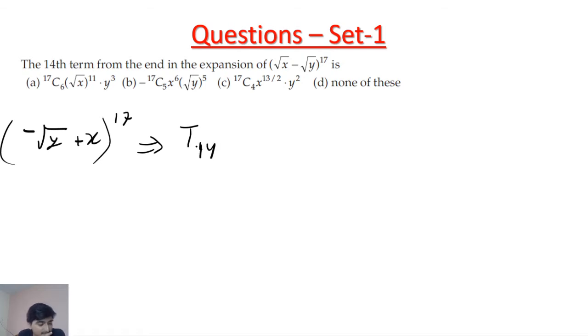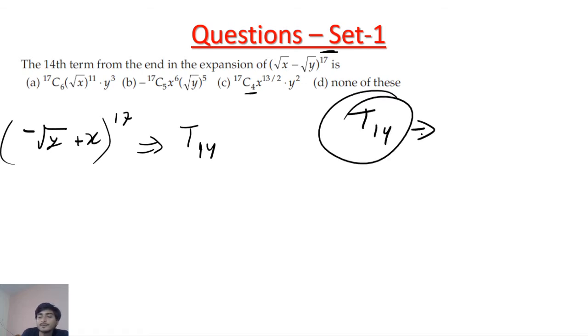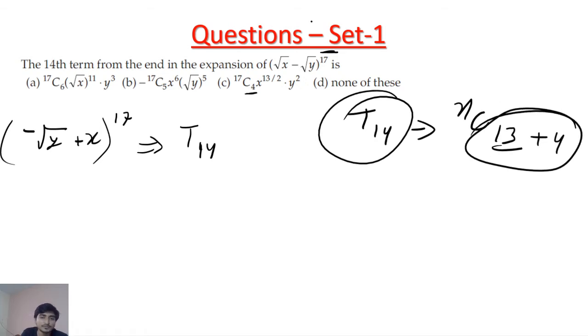Yes, correct. Why? Because this 17 is there, and when you are writing T14, that means nC13. So 13 plus how much should be there to make it 17? Plus 4, I need. So 13 plus 4 is giving us 17.